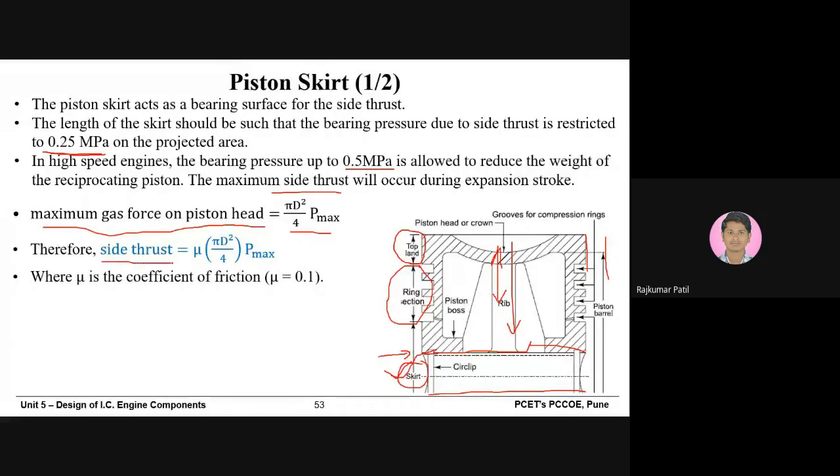It is calculated as mu multiplied by pi D squared by 4 into P max, where mu is the coefficient of friction, generally taken as 0.1. So by using the value of maximum gas force, we can calculate the side thrust if the coefficient of friction between the piston and the cylinder wall is known to us.